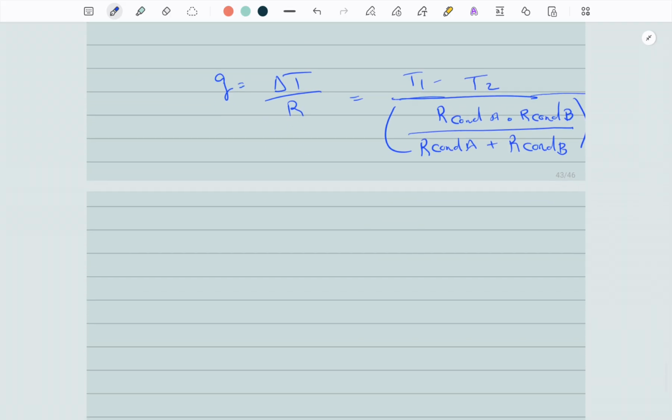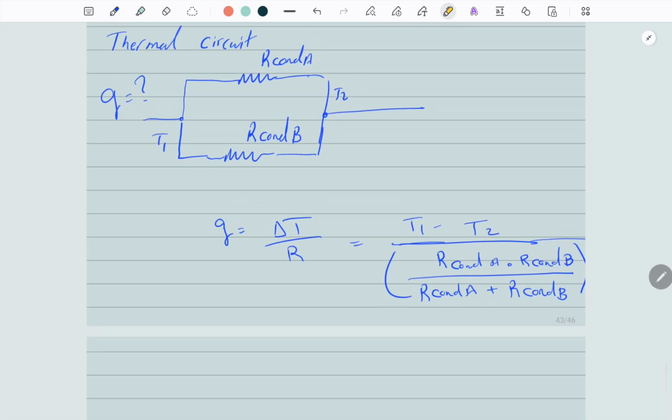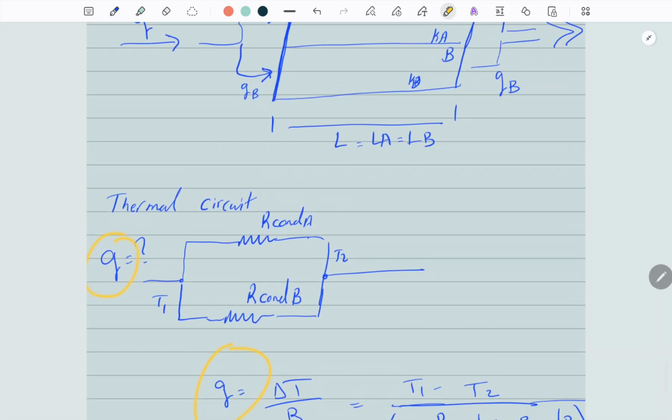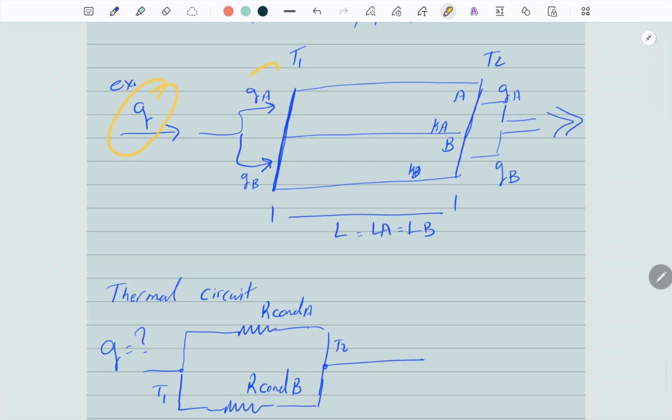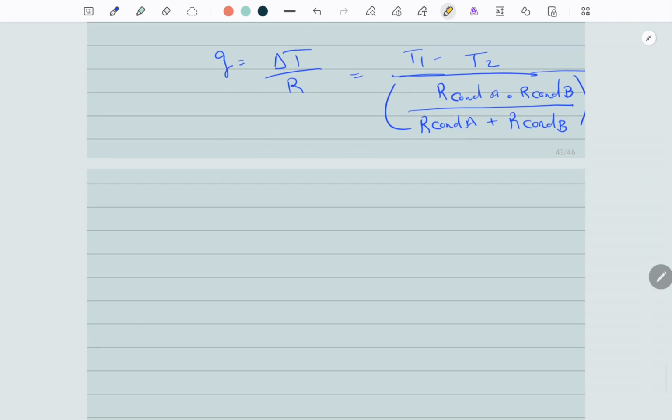Now Q is your total Q, as we mentioned here. In order to find QA and QB, how much heat is being transferred through material A and how much through material B, you'll say QA equals total Q times the resistance of conduction of material B divided by the sum of the resistances in parallel.